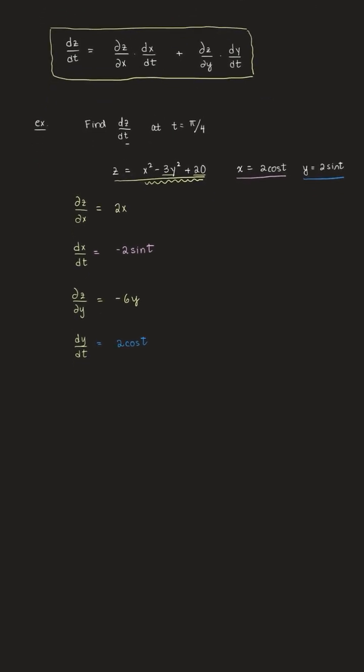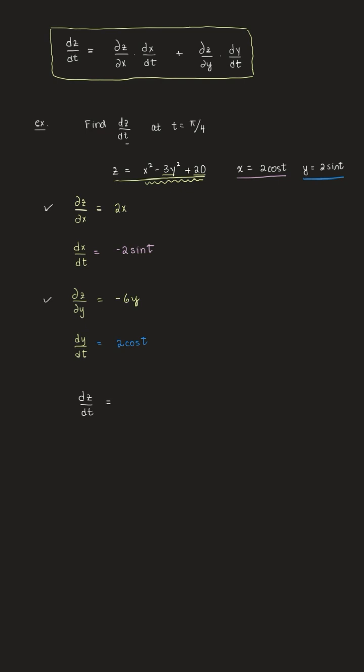All right. Now, we're interested in the derivative specifically at the moment when t is pi over 4. We could plug in t equals pi over 4 now if we want to. And of course, we'd have to change dz/dx and dz/dy so that they're in terms of t. But I'm going to go ahead and write down the chain rule and write down our rate of change of z with respect to t using what we just found.